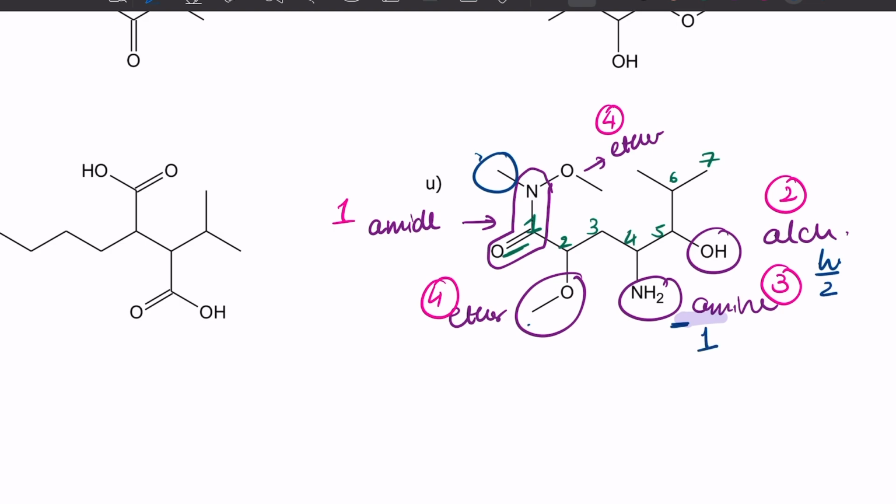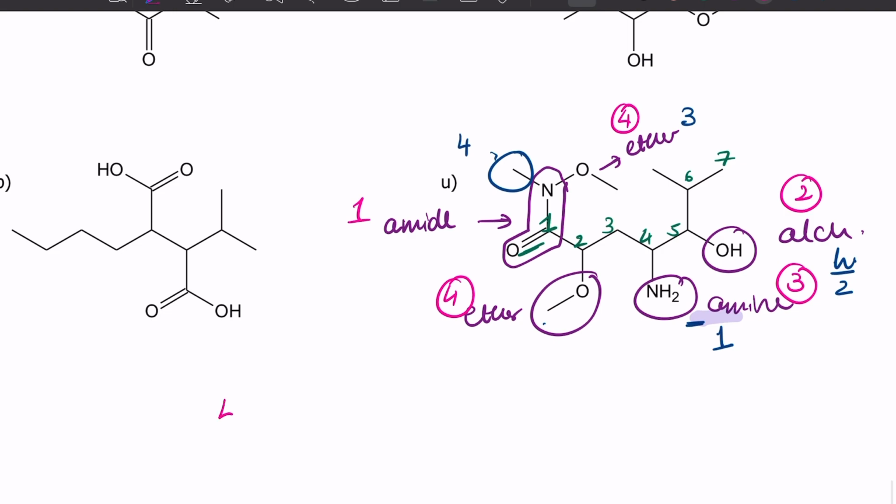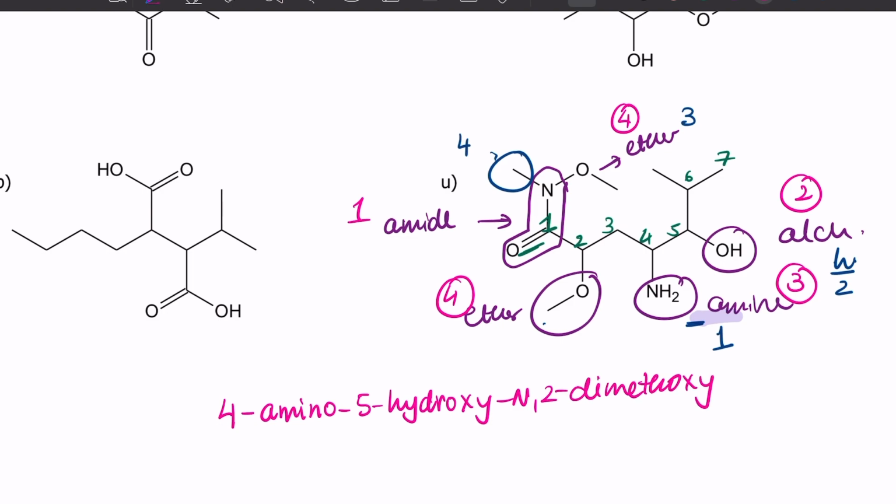So A comes first, H comes second, methoxy comes 3, and methyl comes 4. So then the name will become, where do we have the amino group? At 4th carbon, 4-amino, 5-hydroxy, N,2-dimethoxy, N,6-dimethylheptanamide. I think I'm going to pause here.